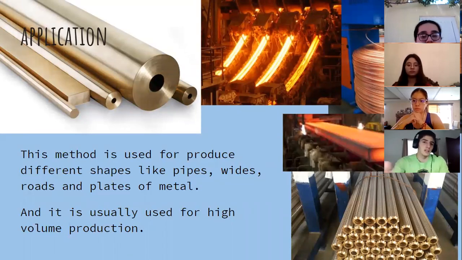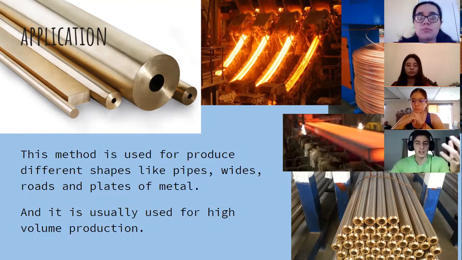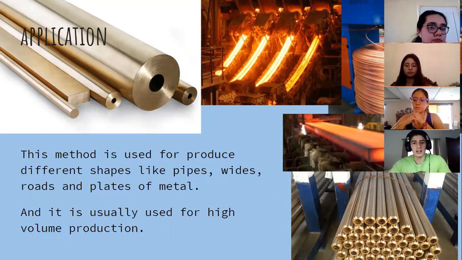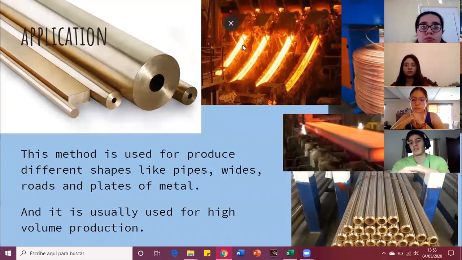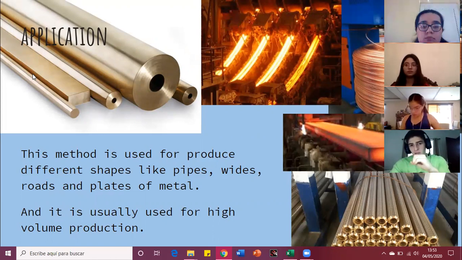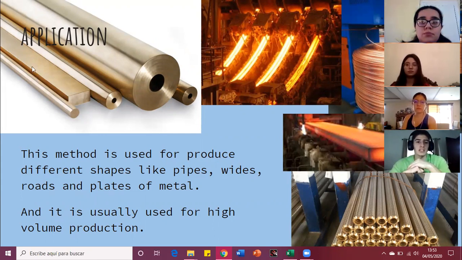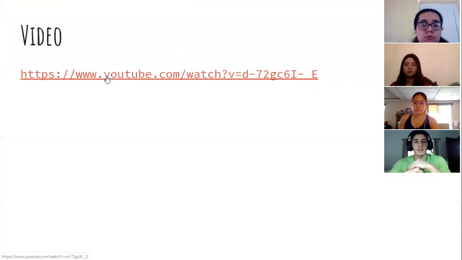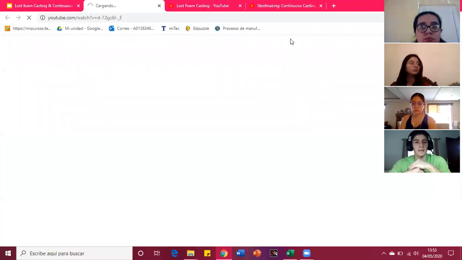As we can see, the different shapes that continuous casting produces are rolls like copper rolls, or plates like steel casting plates, or some copper tubes or pipes, as we mentioned before in the materials and applications. Now we're going to see a video that we found on YouTube that explains the process.